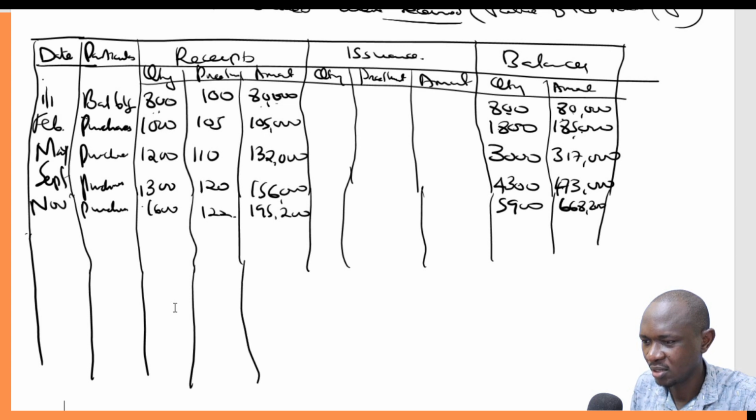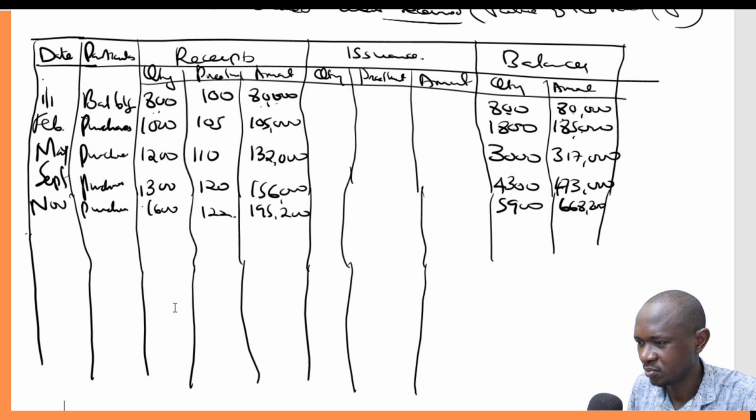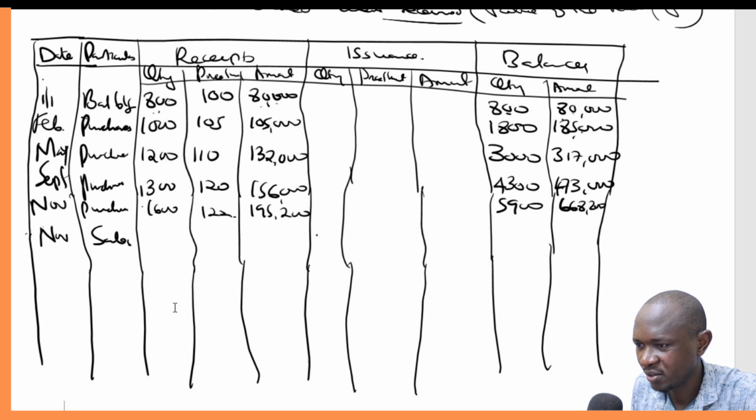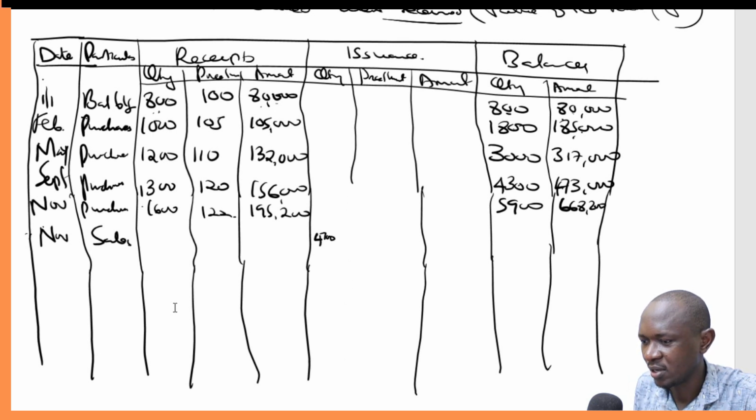But since they did not, let's take this opportunity to release all the 4,700 units. So let's assume we are releasing them in November or December. So November sales, how many units are we selling? 4,700 units. Those are the goods that we are releasing.